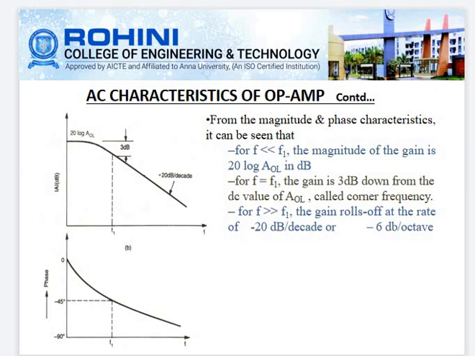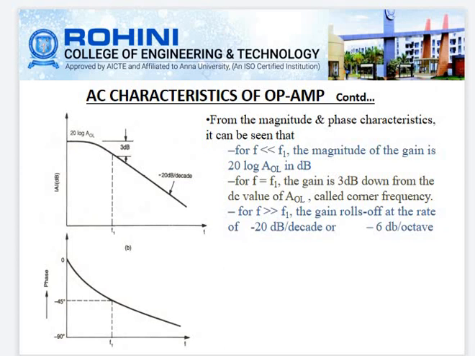For frequency F equal to F1, the gain is 3 dB down from the value of open loop gain, and this frequency is called the corner frequency. For frequency F greater than F1, the gain has a roll-off at a rate of minus 20 dB per decade or minus 6 dB per octave.